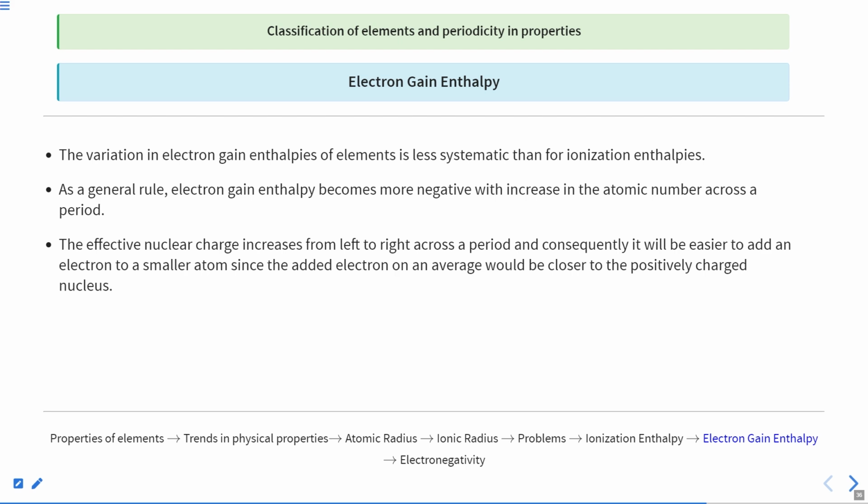Electron gain enthalpy becomes more negative with increase in atomic number across a period. The effective nuclear charge increases from left to right across a period. So I would expect that the incoming electron will experience a greater force of attraction from the nucleus due to the decrease in size, and hence the electron would be closer to the positively charged nucleus.